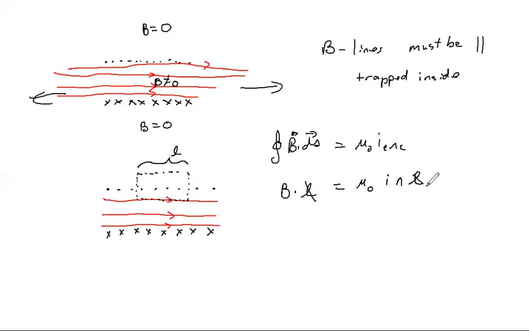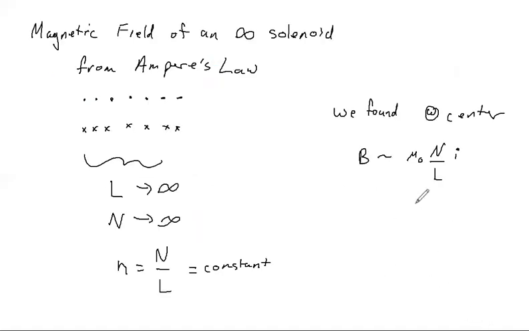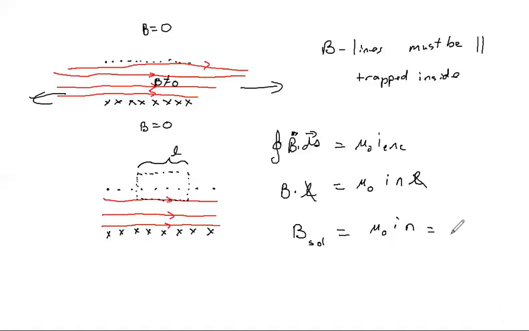And as advertised, those cancel, and I'm left with the magnetic field of the infinite solenoid equals mu naught I times n, or remembering the definition of n, it's the total number of turns divided by the total length. I get B equals mu naught I times N over L. And I promise you, if you go back and look at what we had to do to get the same result, but just for a fixed point, you'll agree that this is much easier.